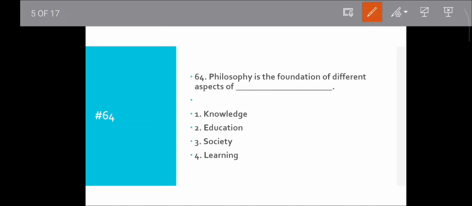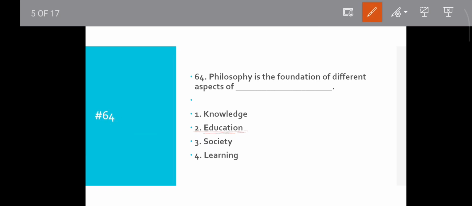Question number 64. Philosophy is the foundation of different aspects of what? Knowledge, education, society, learning. What? Education. Philosophy provides the base for aims, curriculum, methods, and values of education.